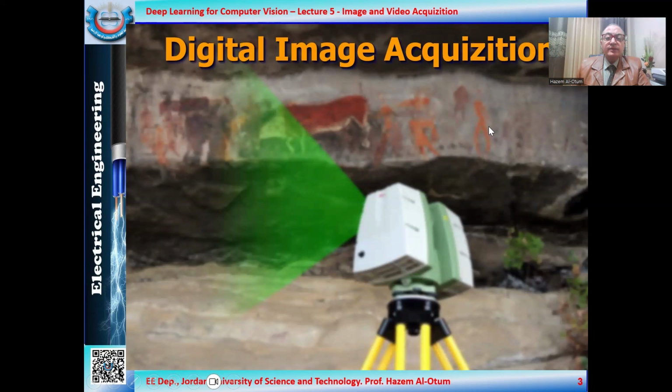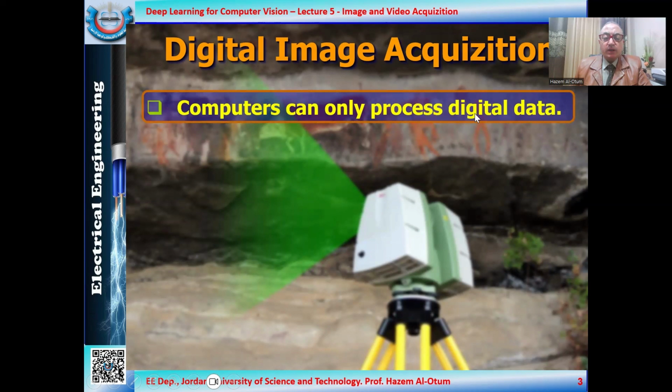So let's start with the first title, digital image acquisition. What do we mean by image acquisition? In fact, computers cannot process analog data, because they need the data to be applied to them in a digital form.